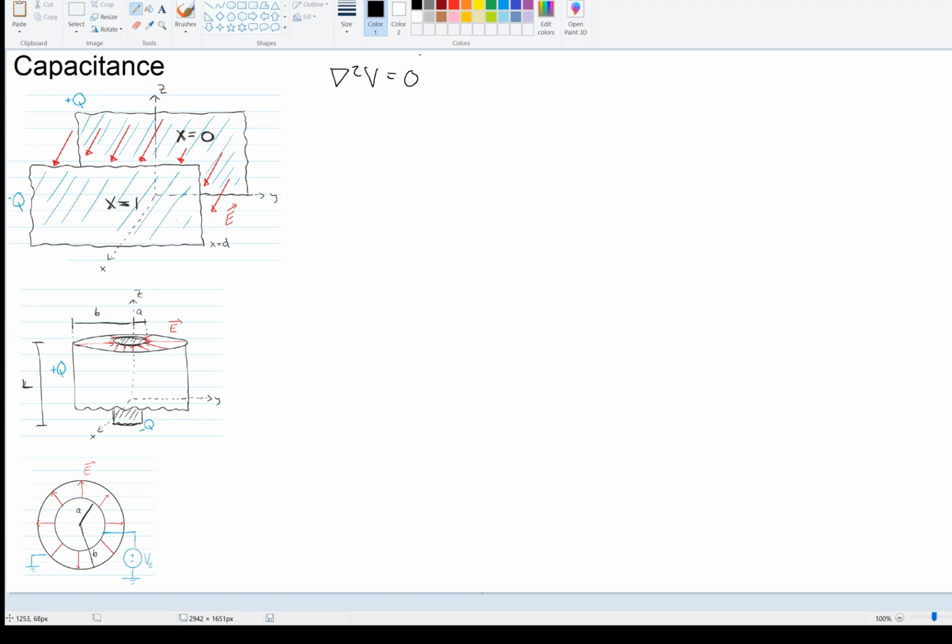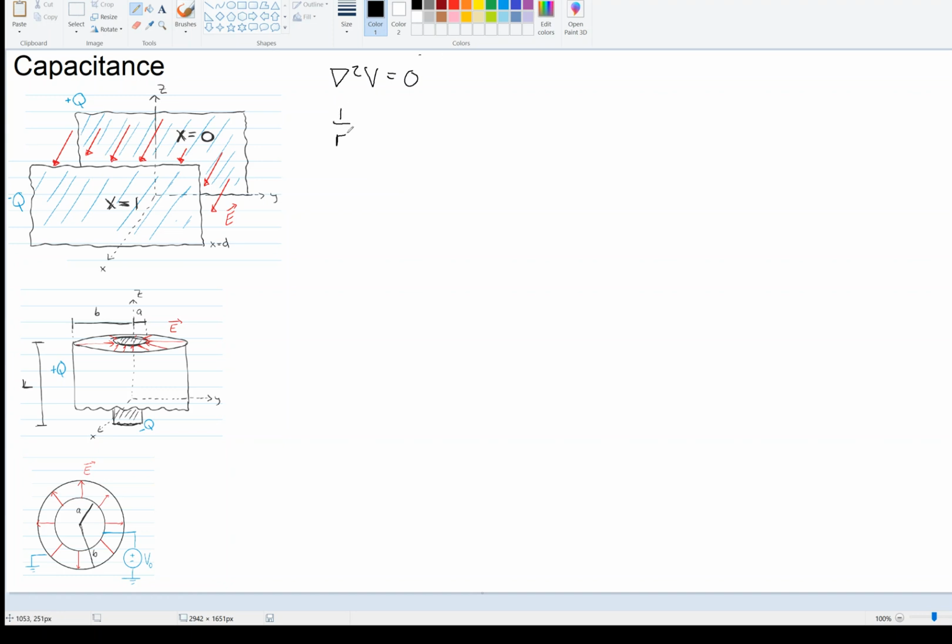Del squared V equals 0. From spherical symmetry, the voltage is only going to depend on the radius. So now I need to write the del squared operator, or the Laplacian operator, in spherical coordinates with only the radius. This is not bad, actually.